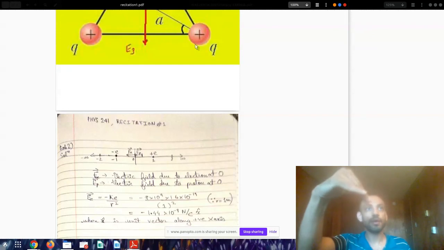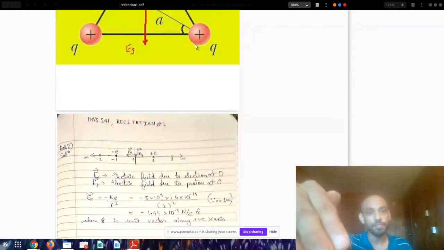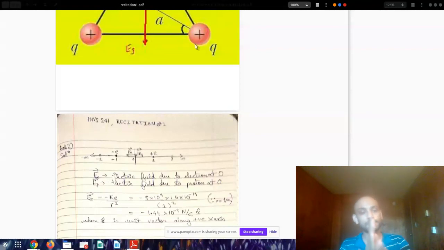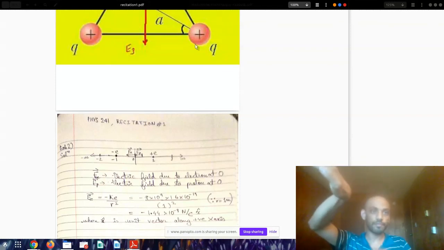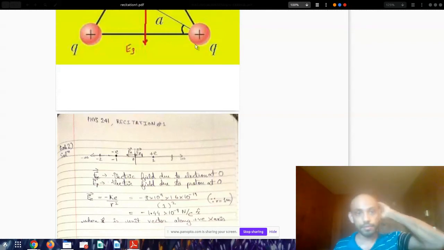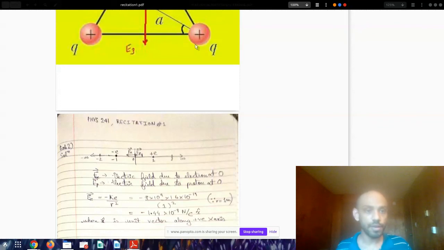So this is where you have imparted half of the energy that you need to impart in order to displace this electric dipole from its vertical position to its oppositely aligned position along the electric field. So the amount of energy needed would be the electric dipole moment, that is the charge times the distance between those two charges, let's just say that's r.